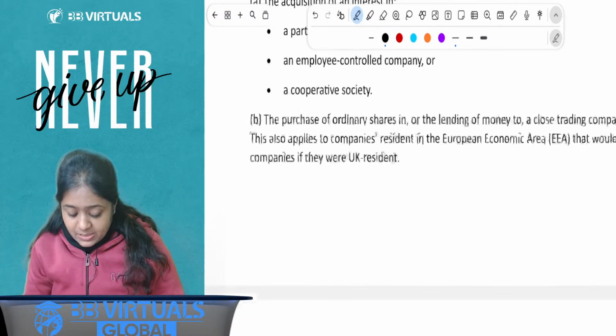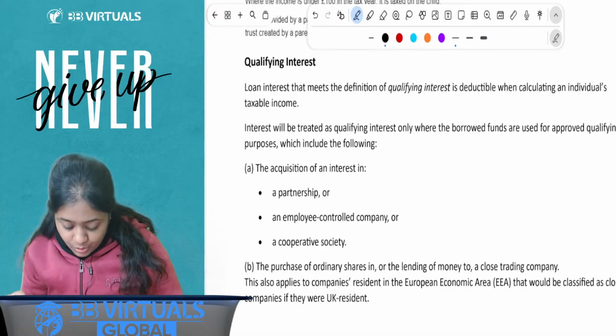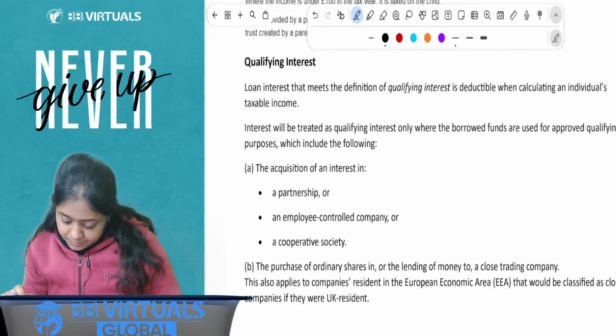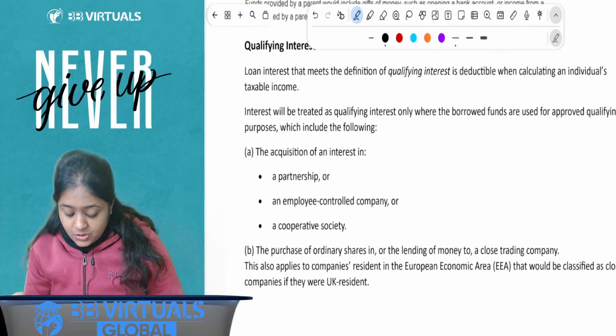Now, we discussed the qualifying interest relief, all of you. Just a few pointers I want to add. There was a clause that we discussed about the purchase of shares.